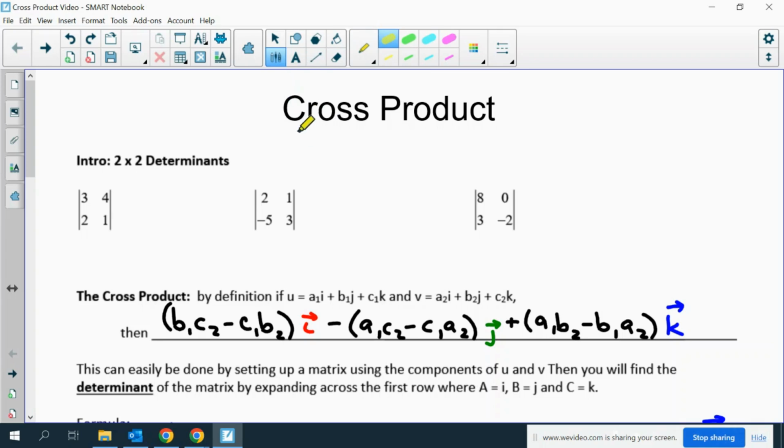This video is about finding the cross product of 3x3 vectors. But in order to understand that, the first thing we're going to do is to talk about the determinant of a 2x2 matrix.